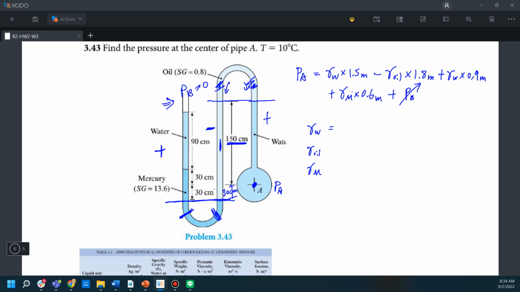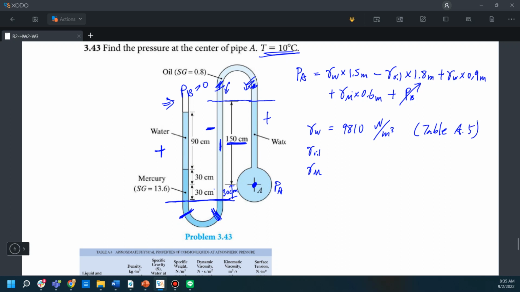So for the water part, the specific weight for water at 10 degrees Celsius is 9810 Newton per cubic meter. It's given by the table 8.5.